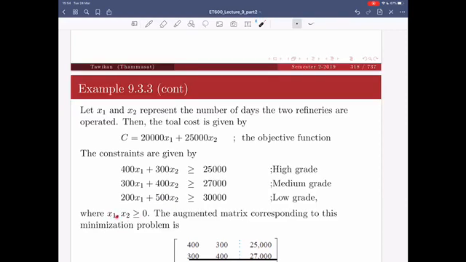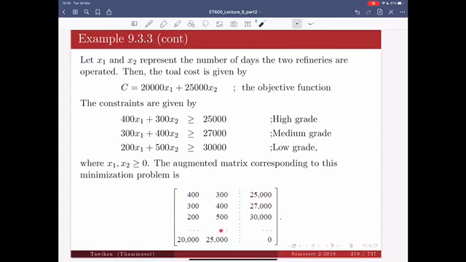And we have to have a non-negative constraint because the number of days that the first refinery and the second refinery operate must be non-negative. So out of the three constraints and also the objective function, we can write the augmented matrix that corresponds to our minimization problem.